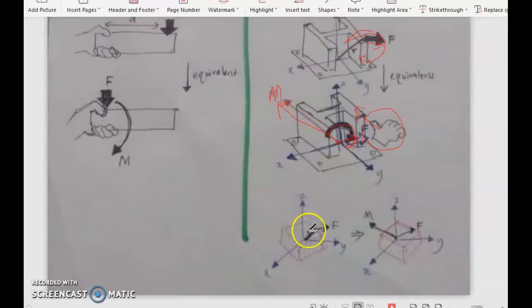So for summary, if you have a rigid body like this, applied with a force over here, and there is a line of action from the fixed position or from the origin, the moment will be produced. So you can represent this model with this model.